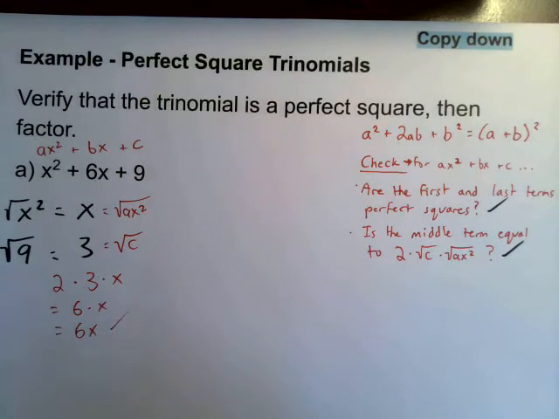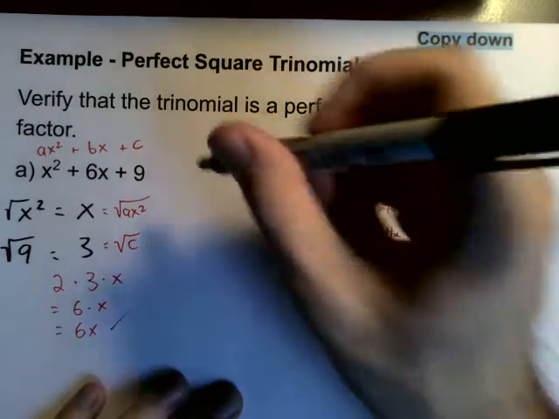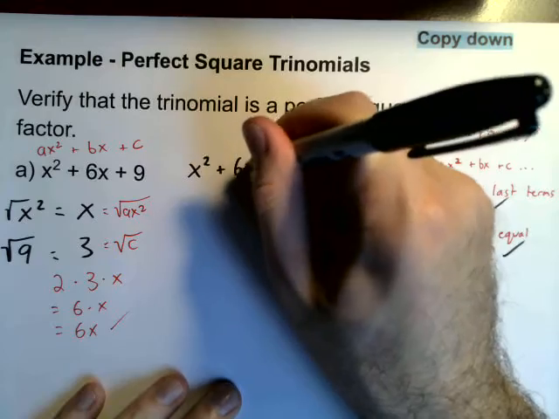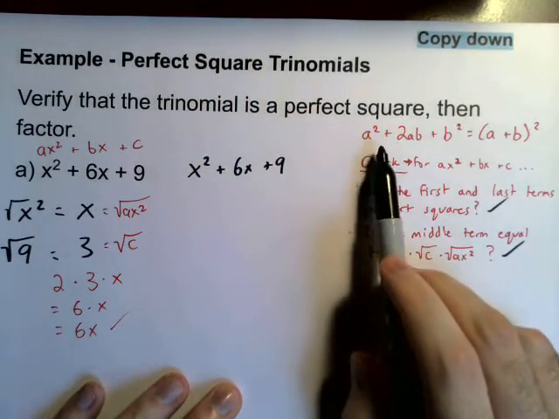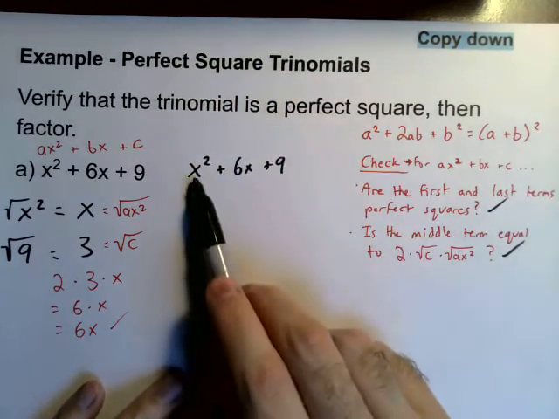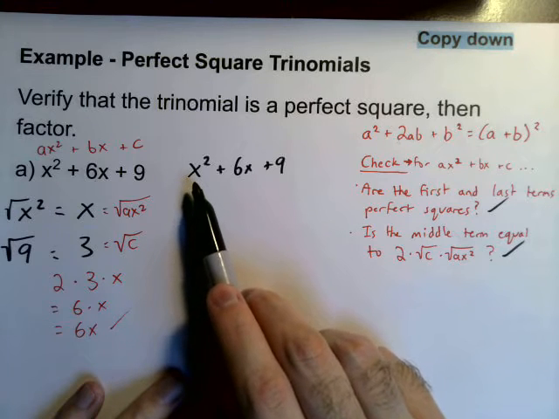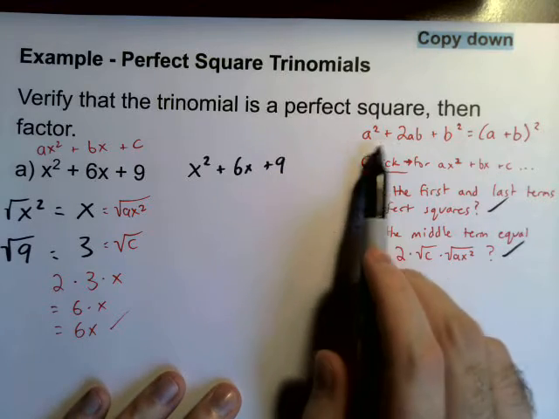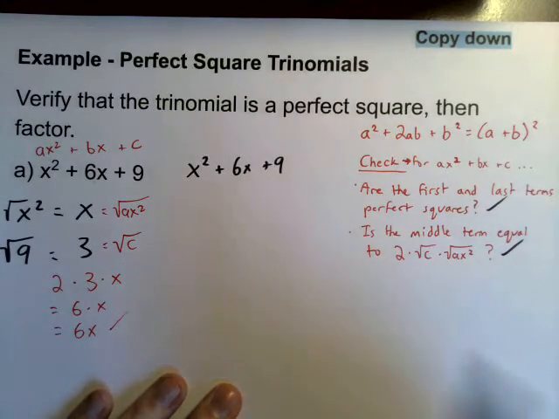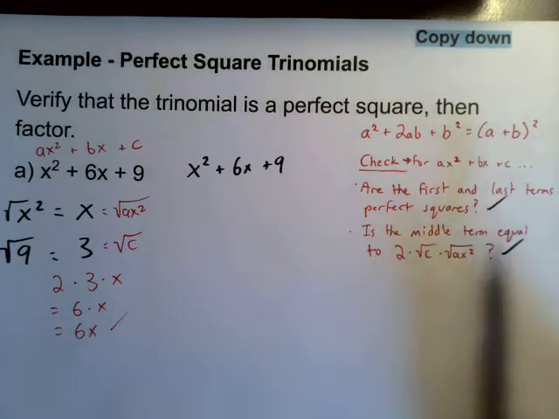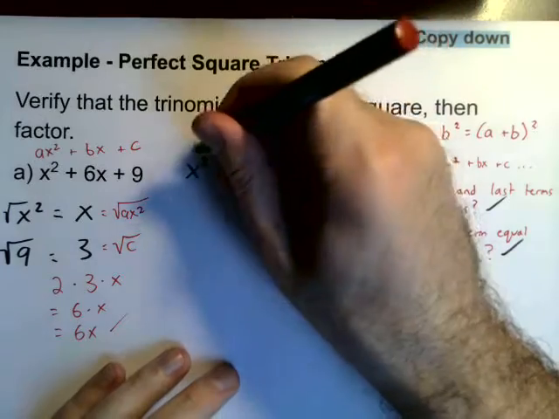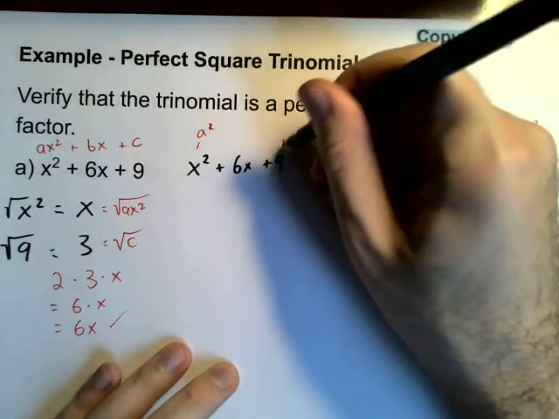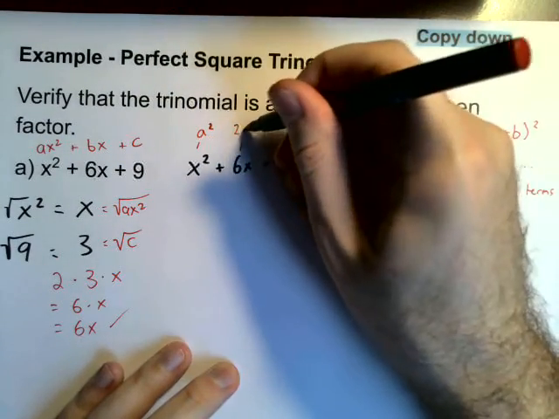And now we can factor it. Since we've proven, I'm going to rewrite it here, x squared plus 6x plus 9, that it fits this pattern. This is like your a squared, this is your 2 times a times b, and this is your b squared. So it fits the pattern perfectly to be a perfect square trinomial.